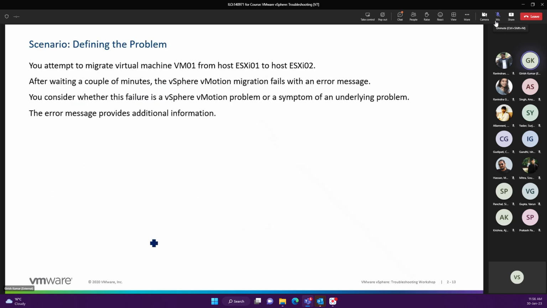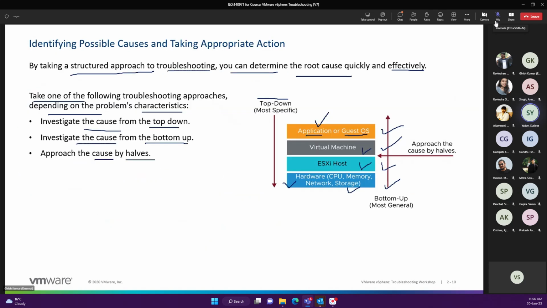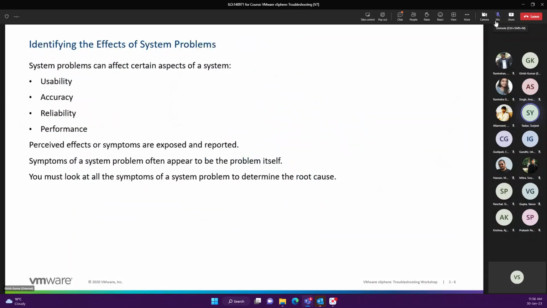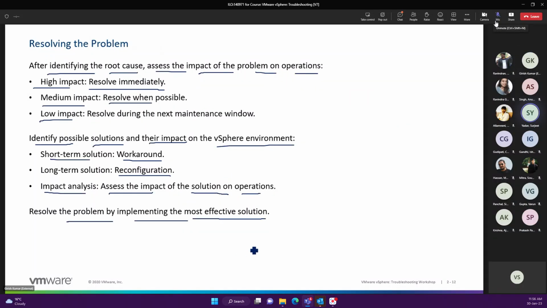Okay, another scenario you can see, defining the problem. Girish, I have one query regarding the previous one. In the last example, you said we set 2 GB memory for one of the VMs, and we put the limit as 1.5 GB, and the resolution we gave is 1 GB.